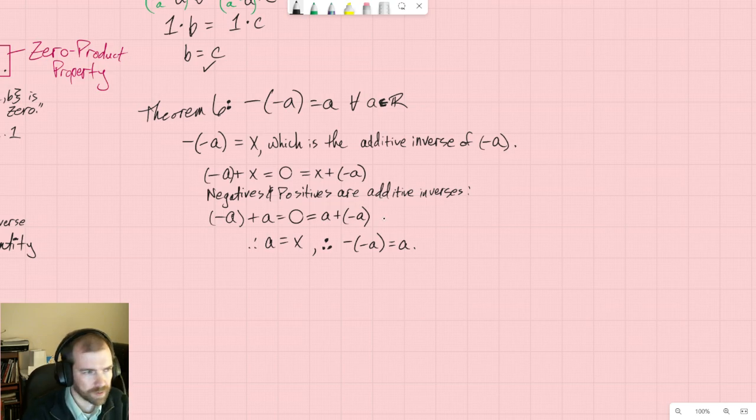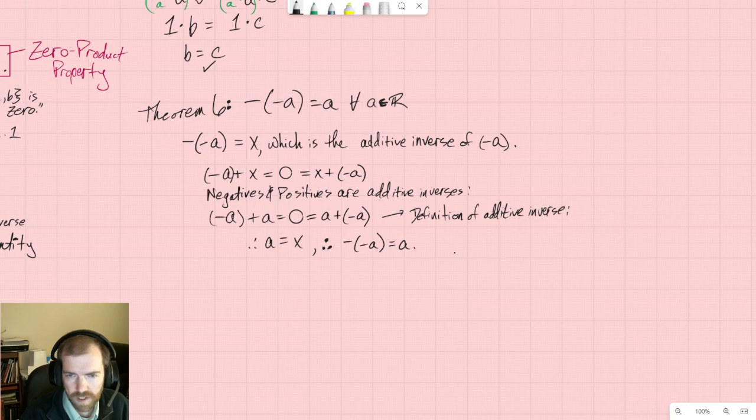I guess there's a little bit of a leap in logic here, because the additive inverse states that there is only one.